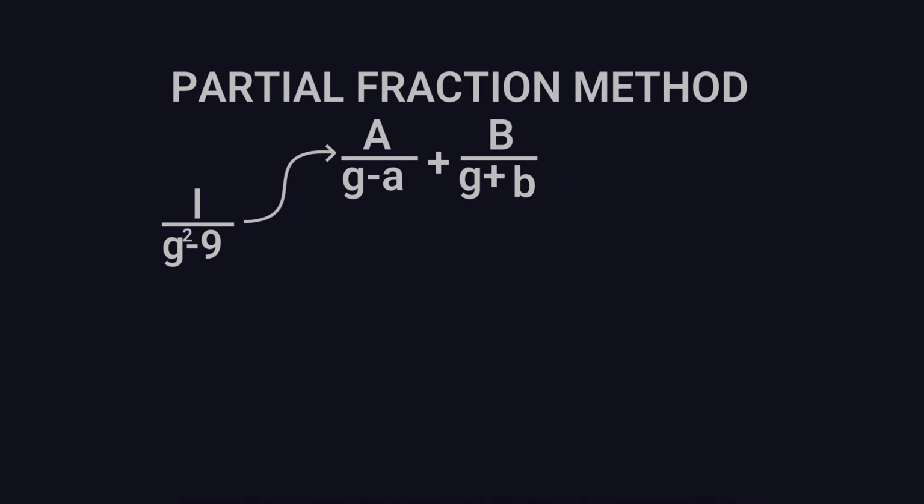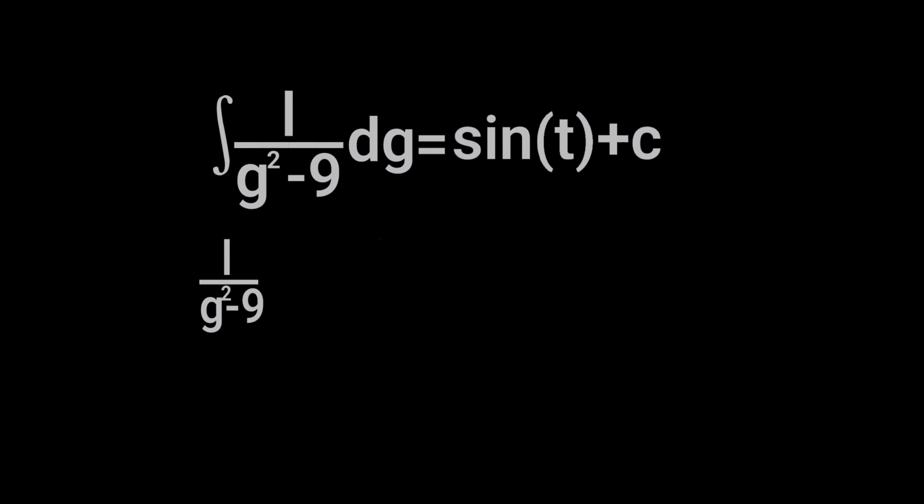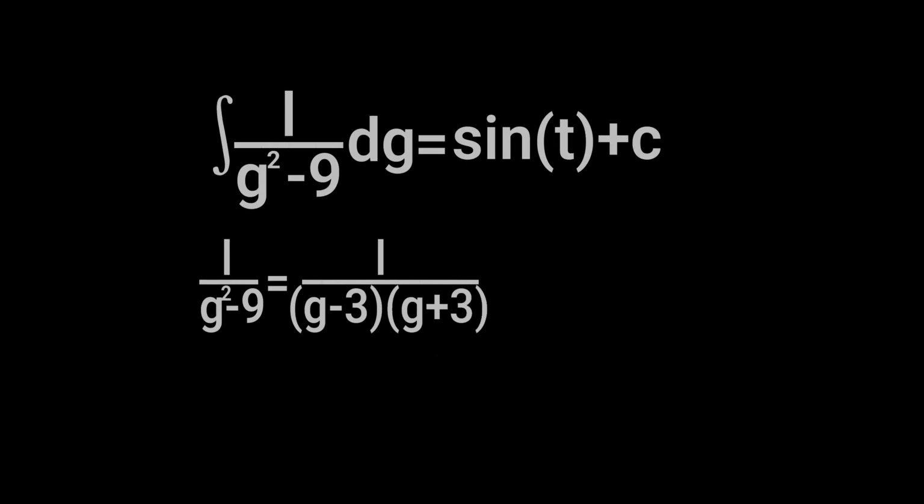So we're gonna take the 1 over g squared minus 9, and factor the denominator. Once we factor the denominator, we have 1 over (g minus 3) times (g plus 3). Now we set this equal to the sum of a over g minus 3 plus b over g plus 3.